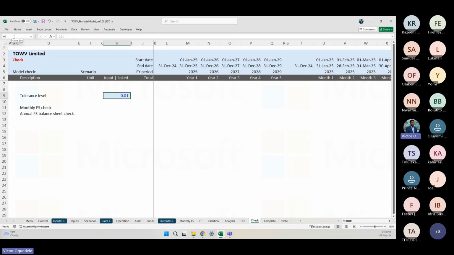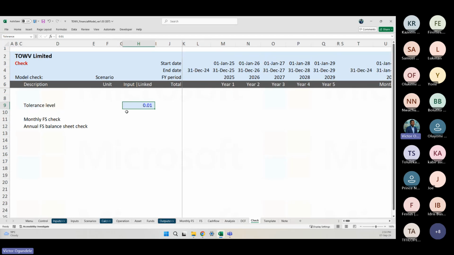Because most times when you build a model with debt, or it comes with accrued interest, you usually have something like that. So here I can come to my name box and call this tolerance.